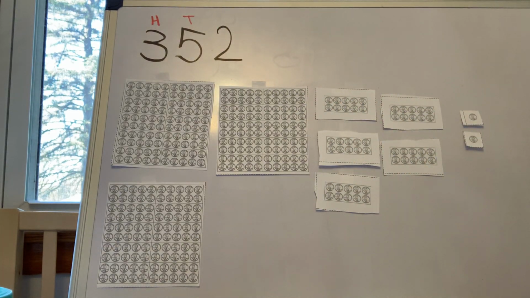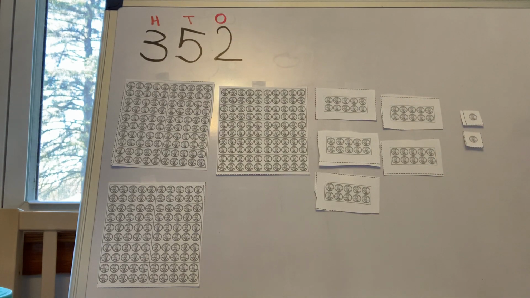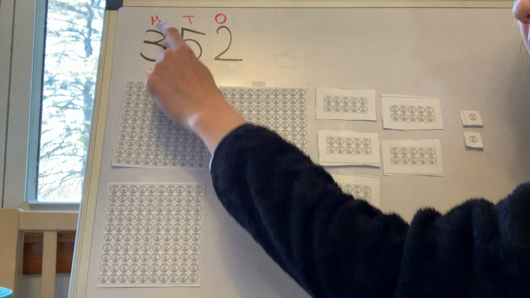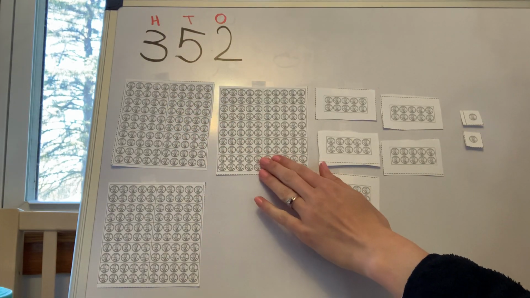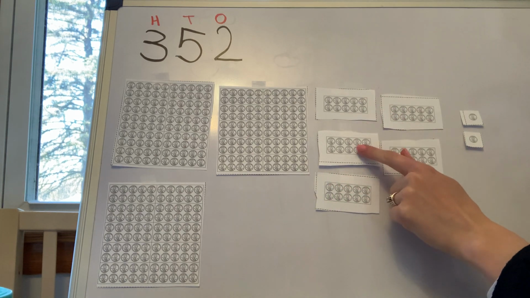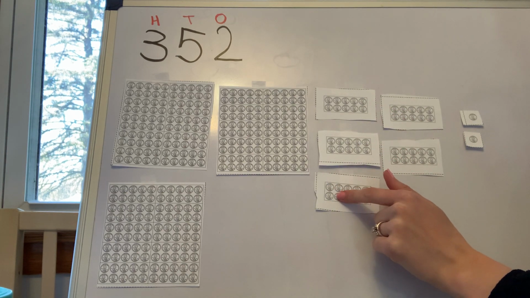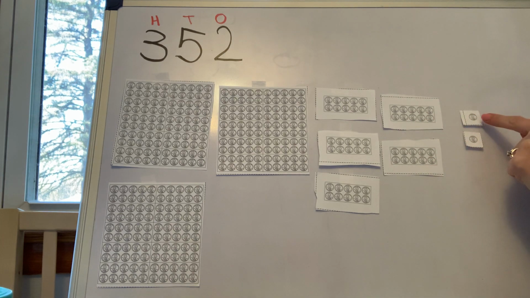And my 2 is in the ones place. So I'm just going to make an O. So the number that I wrote is 352. 100, 200, 300, switch, 310, 320, 330, 340, 350, switch, 351, 352.